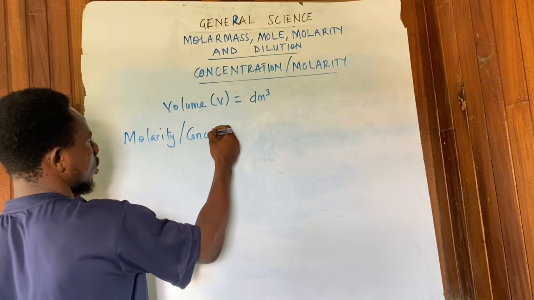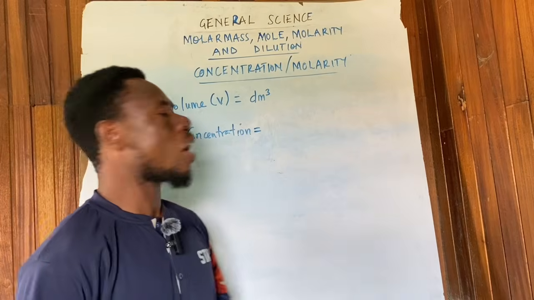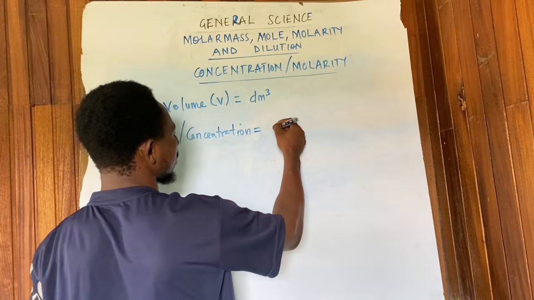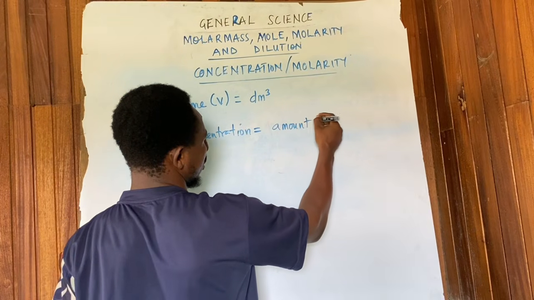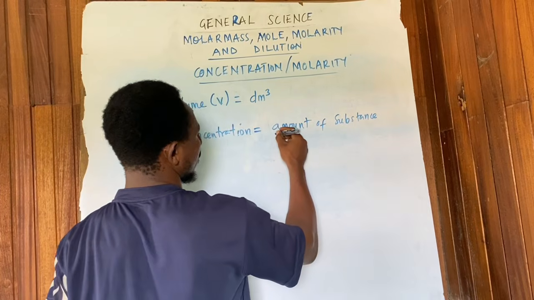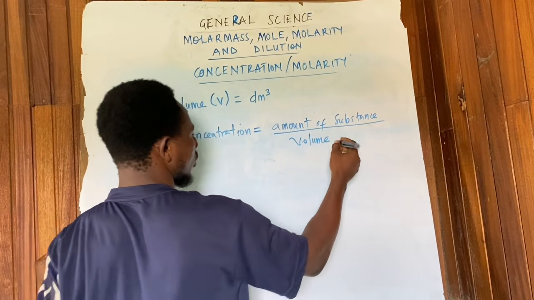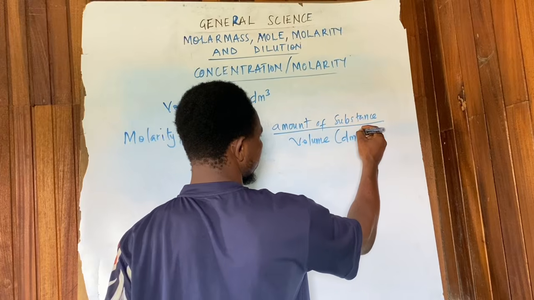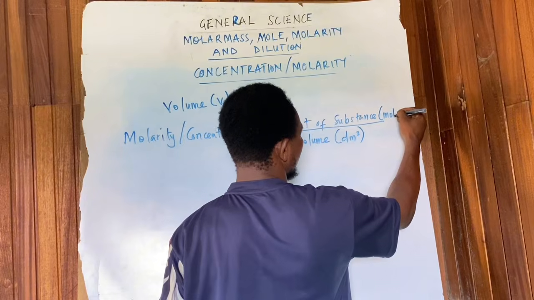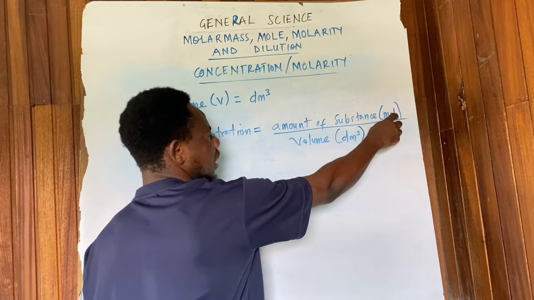So our molarity or concentration is equal to our amount of substance over our volume. Now don't forget, our volume should be in dm cube. Our amount of substance, which is n, is measured in moles.